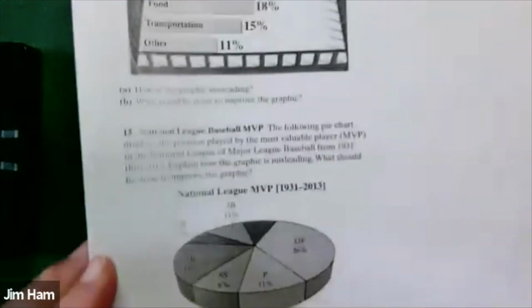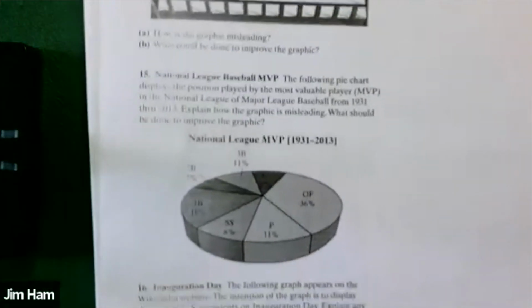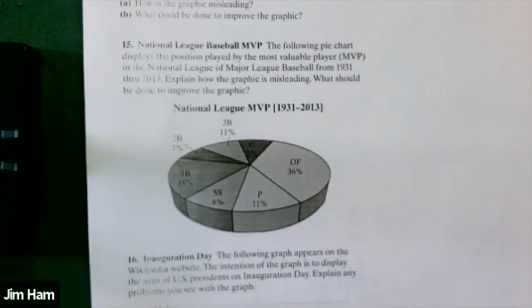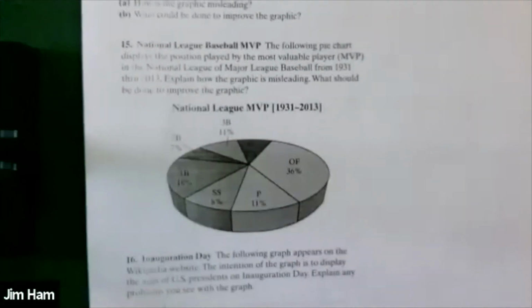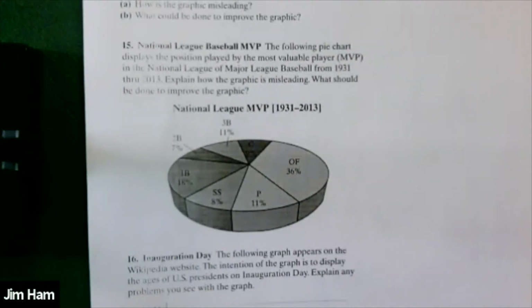All right, let's do one last graph. We'll end on this one here. If you are a baseball fan, then this displays that every year Major League Baseball will identify, in each league, the most valuable player. And this data involves what position that player primarily played.